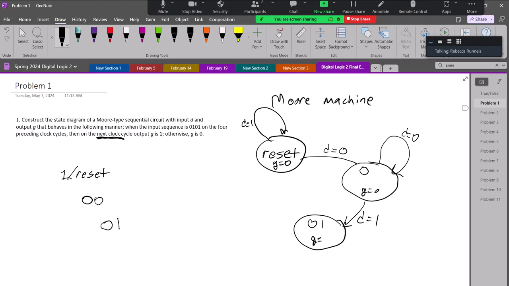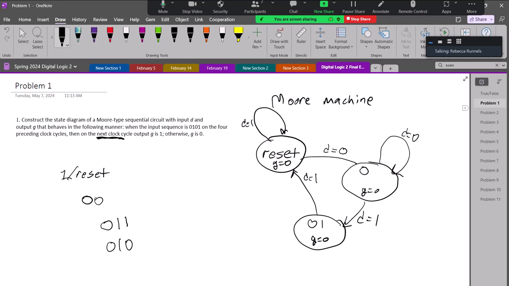My output is still going to be 0. So if I have 0, 1 and I get a 1, I've now ruined everything because now I don't have any, I can't get 0, 1, 0, 1. So if I get a 1, I have to go all the way back to the beginning. But if I get a 0, then I'm at the next step.